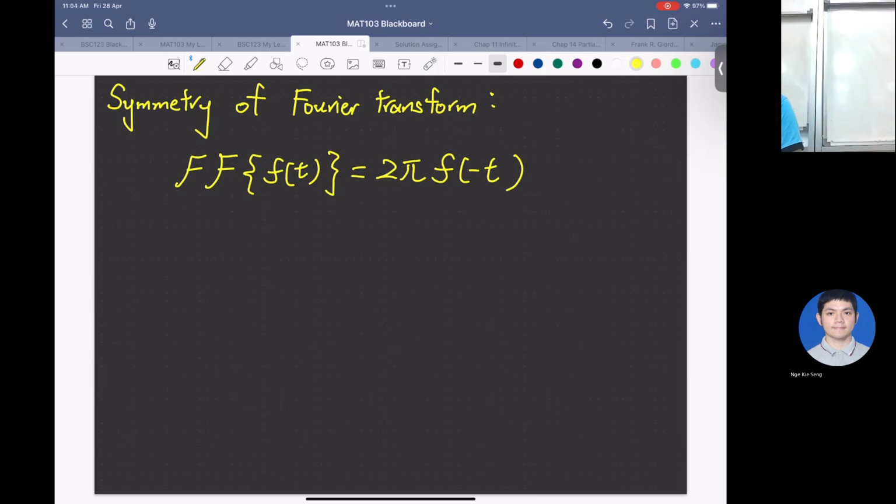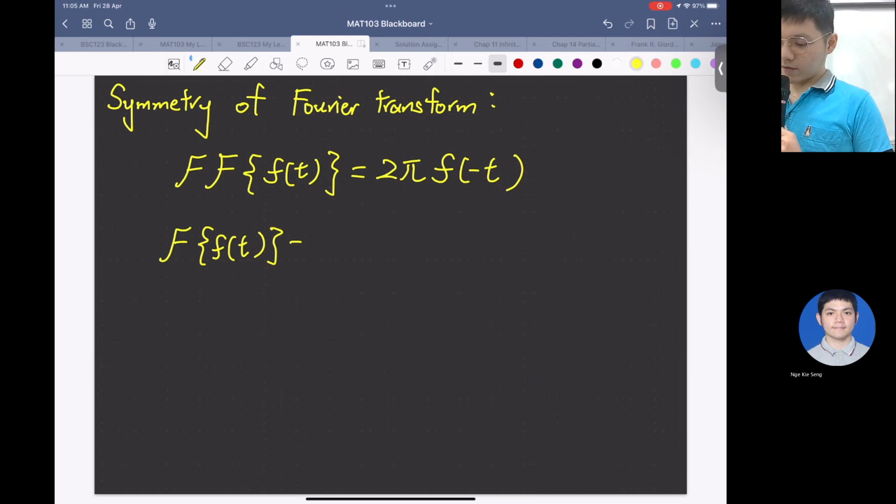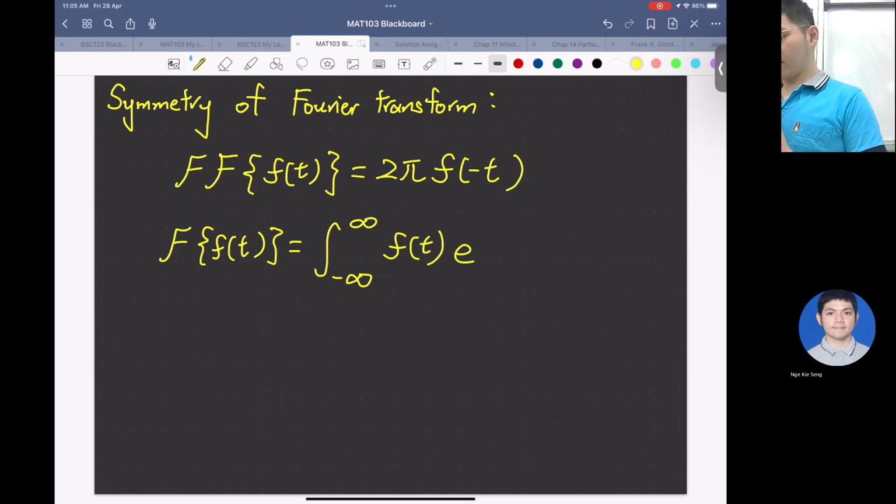So the first question is why there's a 2 pi. It is because of our convention for the Fourier transform. The definition of the Fourier transform is that you integrate from negative infinity to infinity of f(t) multiplied by the exponential function e to the minus i omega t.